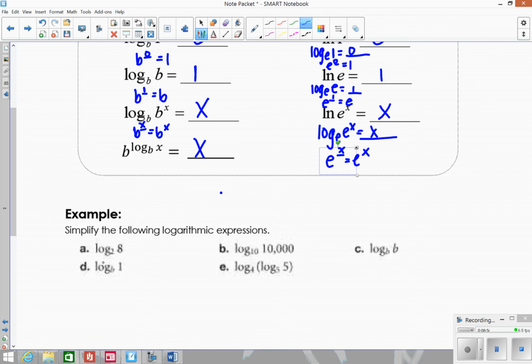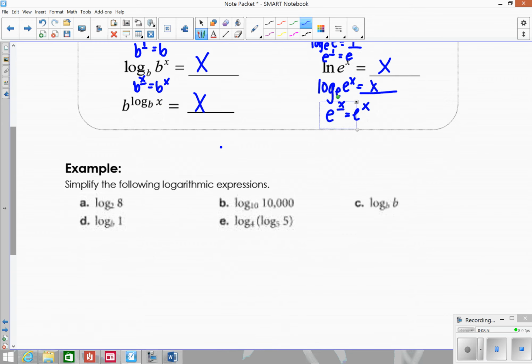Some of them are going back to just understanding what a log is. So for A, I'm going to write them down here. Log base 2 of 8. Again, remember what this is really asking: 2 to what power gives me 8? What's the exponent that I need to raise base 2 to, to get 8?